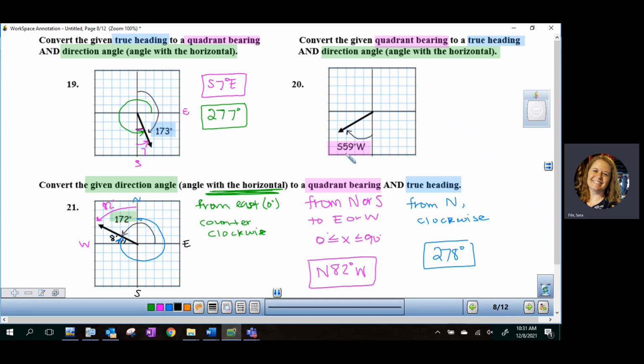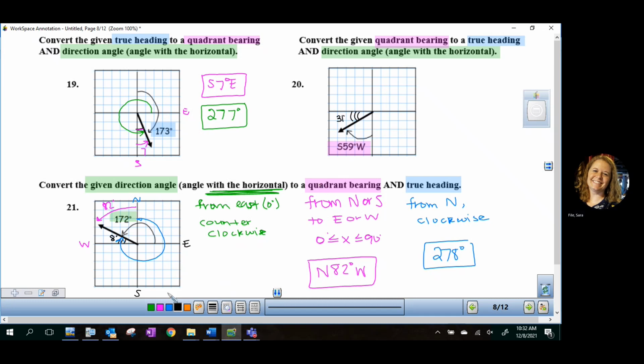Now this one is given as a quadrant bearing. So this angle where the arrow is 59 degrees. So what does that mean this reference angle here is? This is 59. What's this piece? Because the quadrant's 90, right?